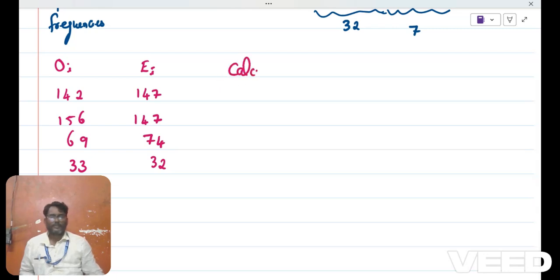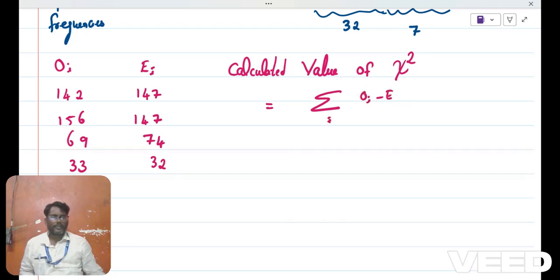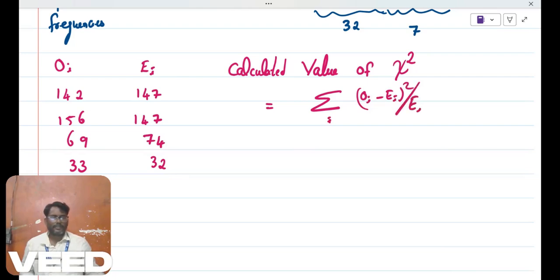Now we need to compute the calculated value of chi-square, which is equal to summation of (Oi minus Ei) the whole square divided by Ei.